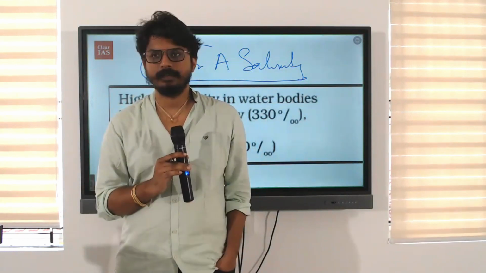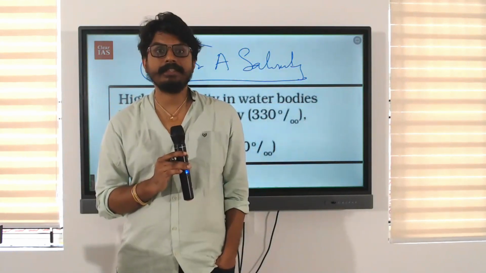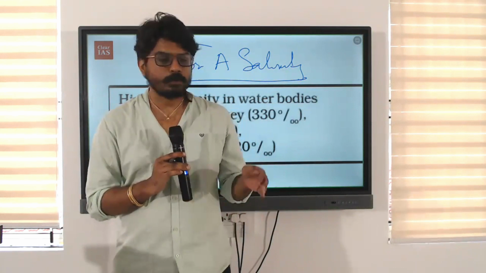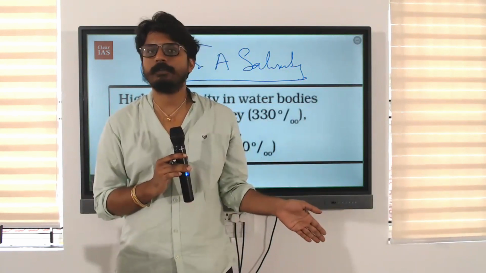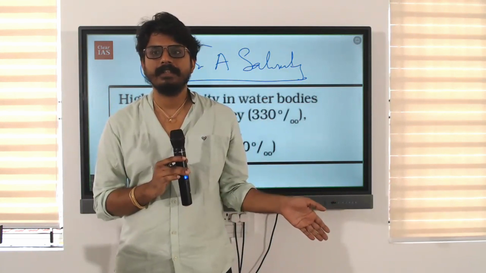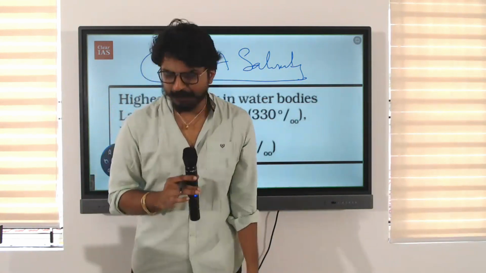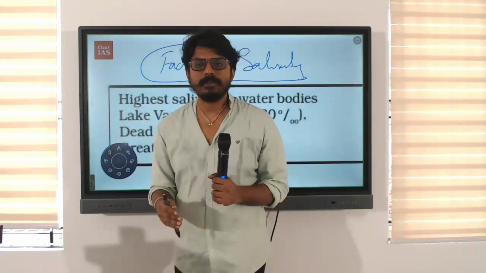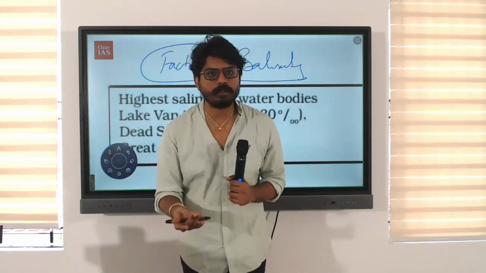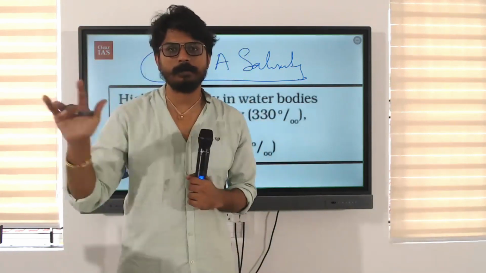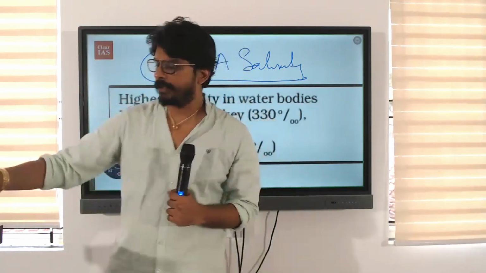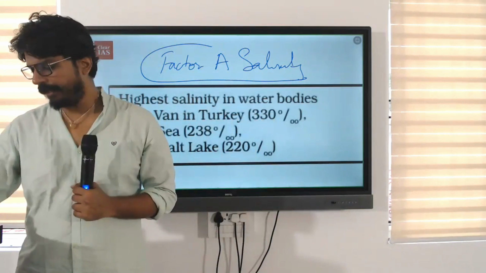True. Then river drainage. Yeah, very, very true. So in the place where the river comes and empties all its water, what will the salinity be? Will it be more? No, it will be less because the river is adding fresh water to that area. So that area's salinity will go down. Very, very good. Any other factors you can come up with? So this is thinking.